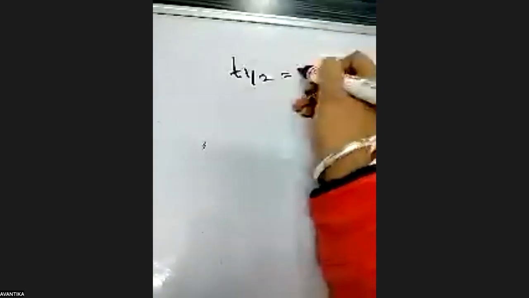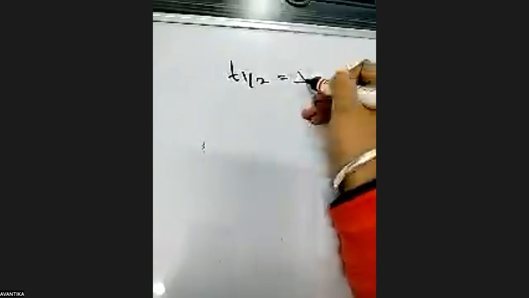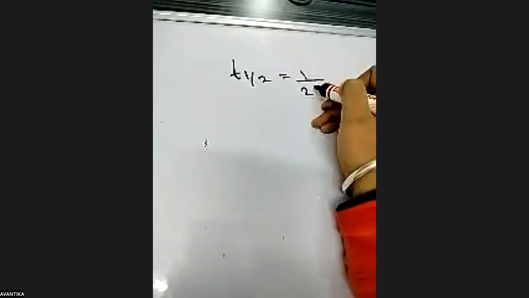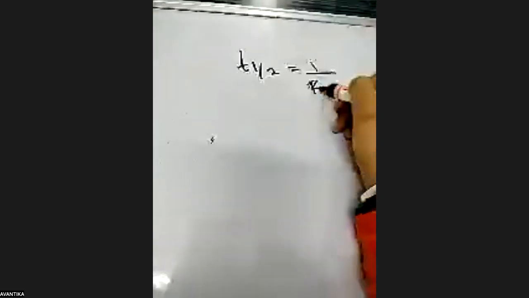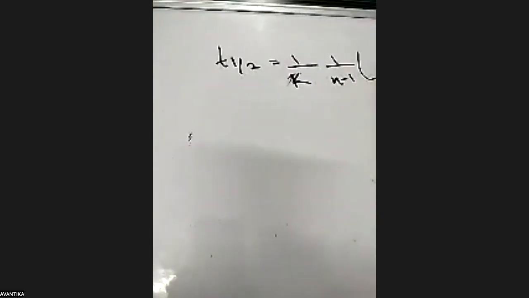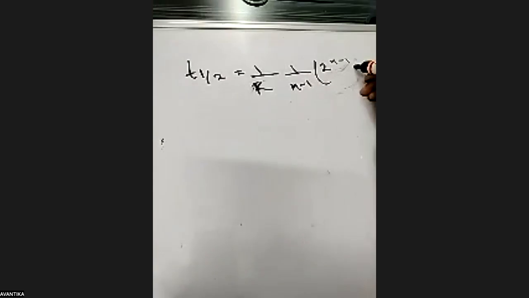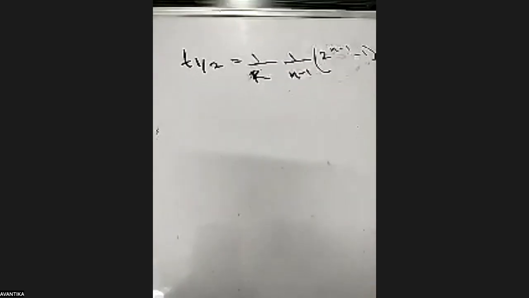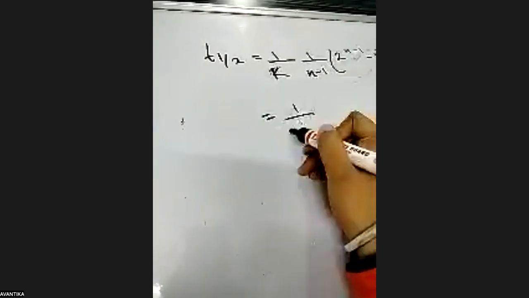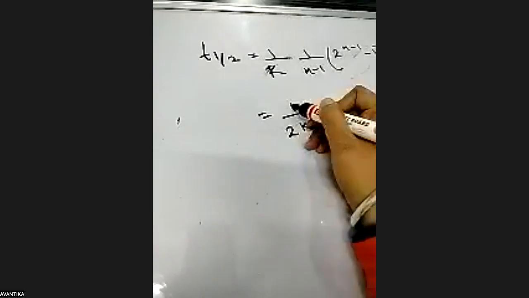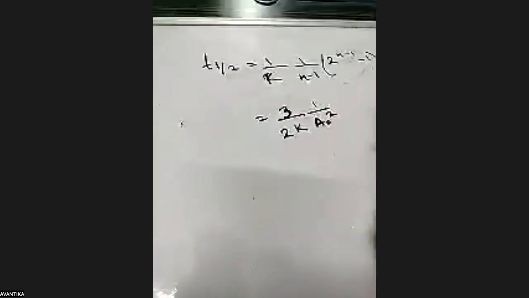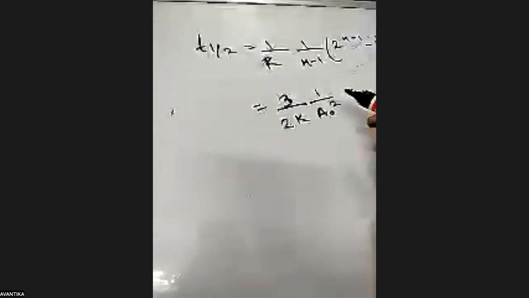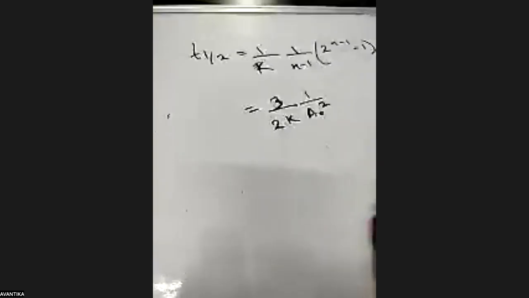Because the general expression for finding t half is, from the general expression, sir, the half-life for third order reaction will be 3 by 2k into 1 upon A naught square.